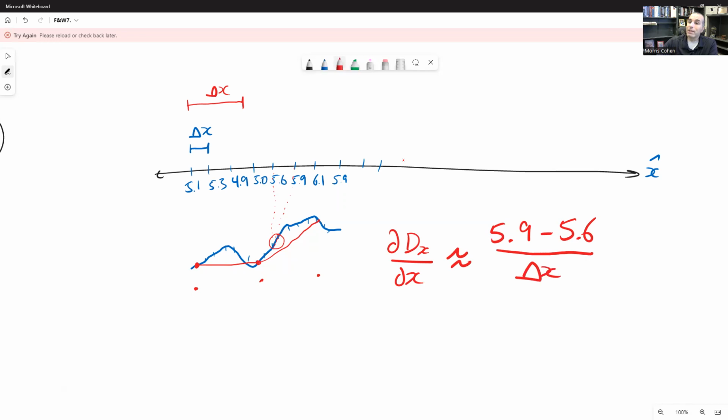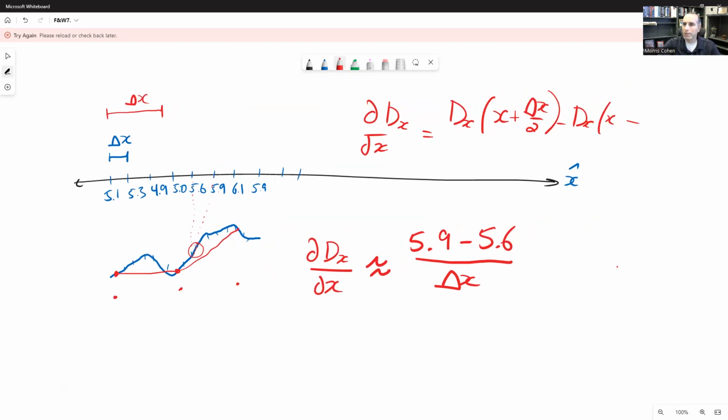This is basically the definition of a derivative, except we take away the limit. The definition of dDx/dx is Dx evaluated at x plus delta x over 2, minus Dx evaluated at x minus delta x over 2, divided by delta x, and then we have the limit as delta x goes to 0.